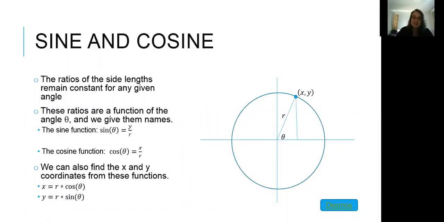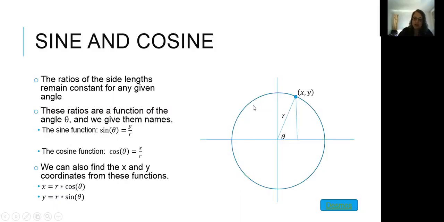Sine function is defined based on a right triangle. For a right triangle, if your angle of interest, in this case our theta, is any angle not the right angle, then the sine of this angle theta is equal to the side opposite the angle divided by the hypotenuse.